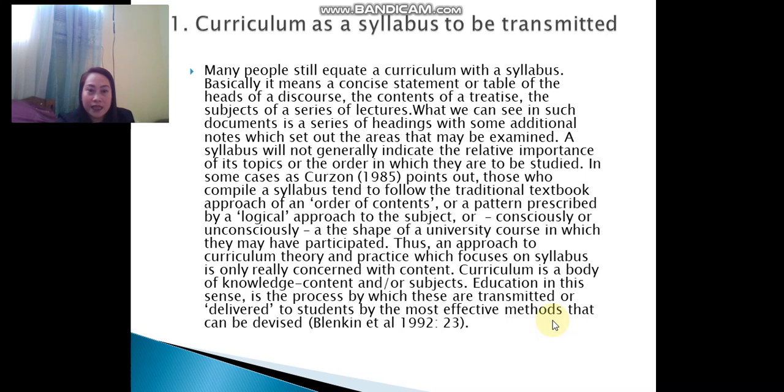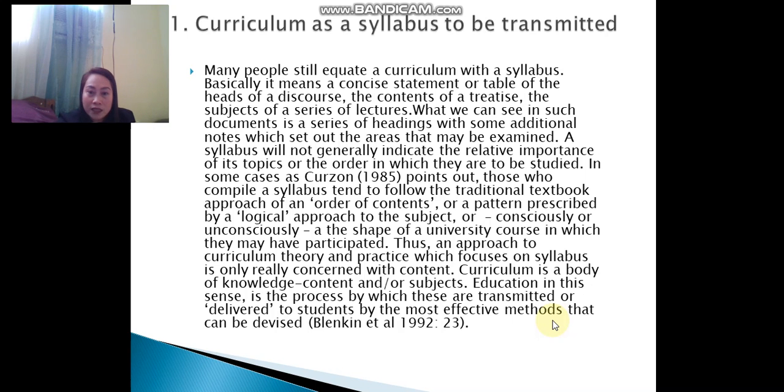In some cases, as Cornbleth 1985 points out, those who compile a syllabus tend to follow the traditional textbook approach of an order of contents or a pattern of prescribed approach to the subject, or consciously or unconsciously follow the shape of a university course in which they may have participated.